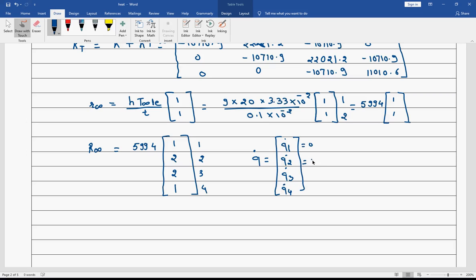Now all these values are 0. We haven't applied any kind of heat flux. Nowhere is it mentioned that heat is generated or transferred, or that any heat flux is applied.